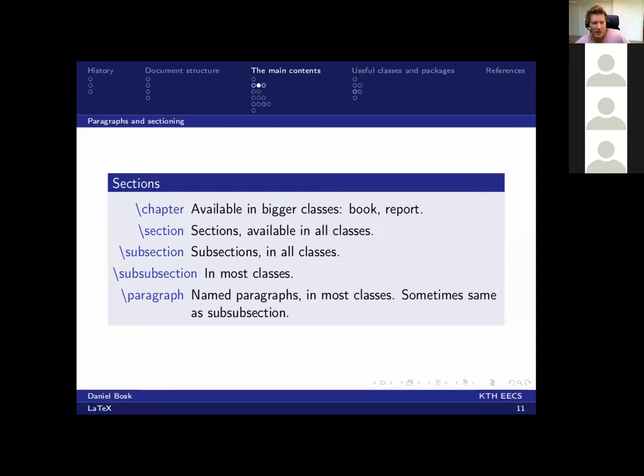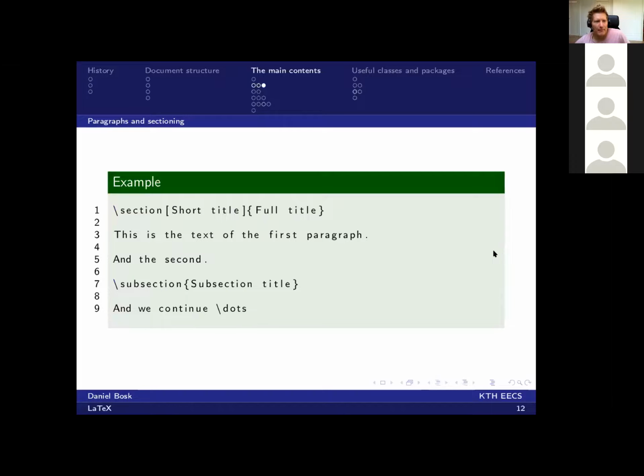So let's switch back to the slides. And yeah, there are some other things you can do too. For instance, sometimes a section will have a very long title, and that's usually fine within the document.